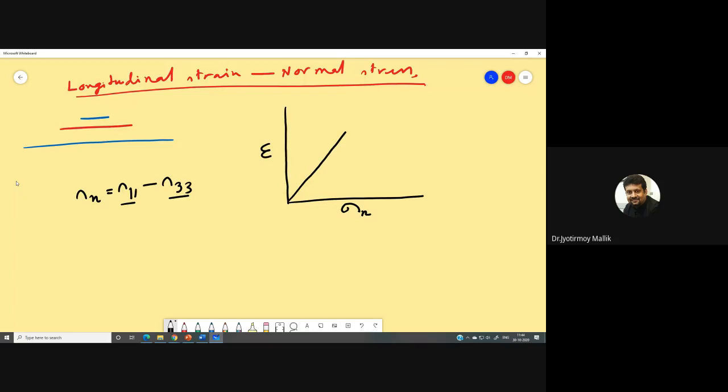But as soon as I remove the stress, my body will not retain the deformation; it will come back to its original place. That will happen up to a limit, and that limit we call the elastic limit.